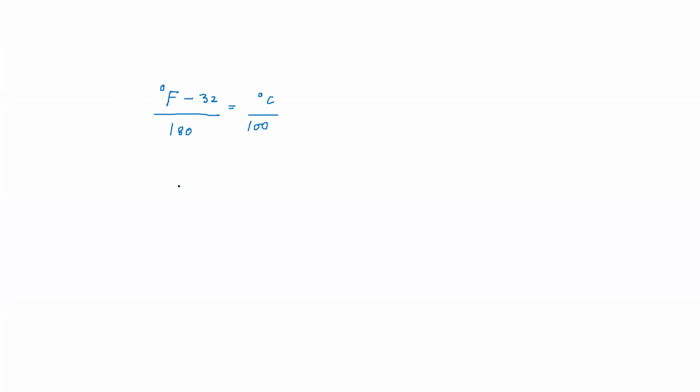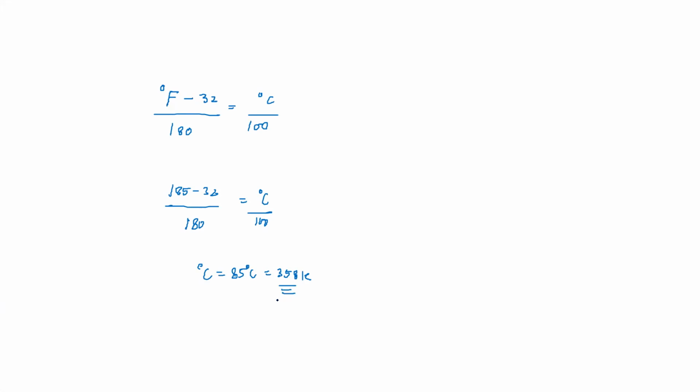So we had 185 degrees Fahrenheit. So (185 minus 32) upon 180 is equal to degrees Celsius upon 100. So from here, we'll get 85 degrees Celsius. All right. So 85 degrees Celsius, that is nothing but 358 Kelvin, right?